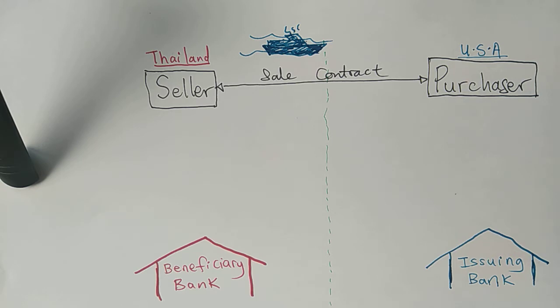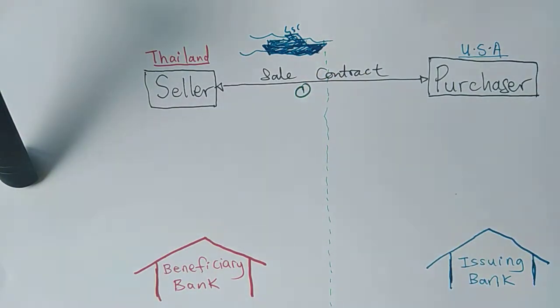Alright, let's start. Now, there are a few steps, about 7 or 8 steps in all. Of course, we will start here. Sale contract. In actual fact, what happens in reality?